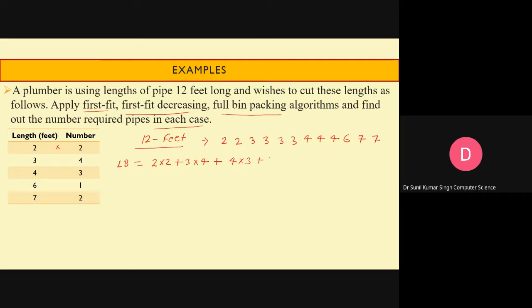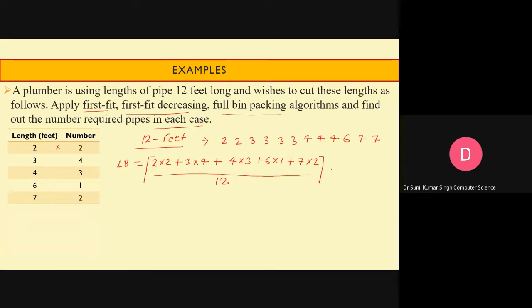Similarly, 6 into 1 plus 7 into 2. We have to divide it with the length of one pipe, that is 12. And of course, here we'll use the ceiling function.